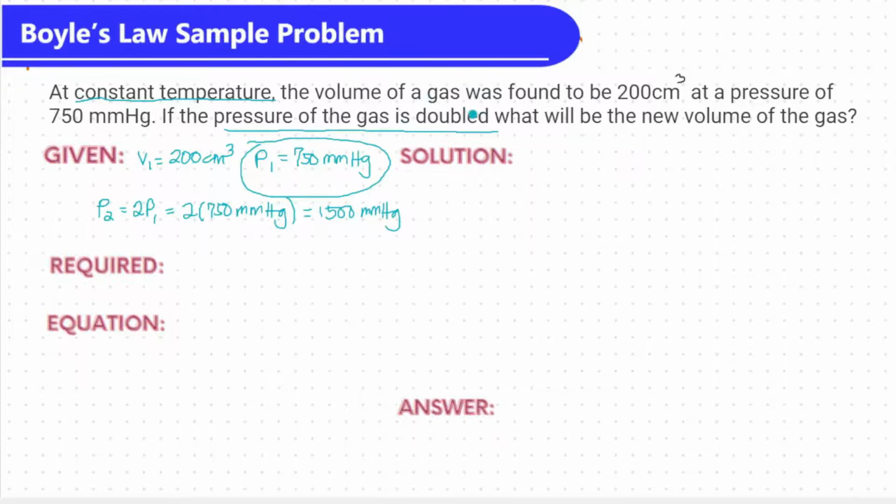Just be careful lang, dapat alam natin kung ano ang pressure at ano ang volume. Now, what is the required? Okay, ang nawawala ay yung volume 2 kasi ang tanong, what will be the new volume of the gas? So we now have our given, we now have our required, we can do our solving.